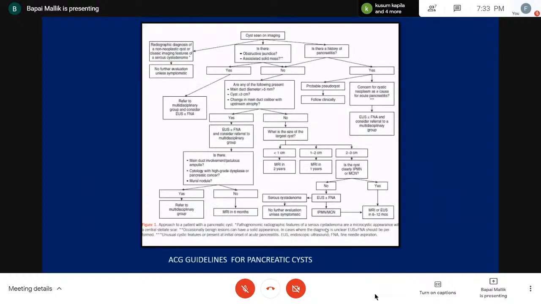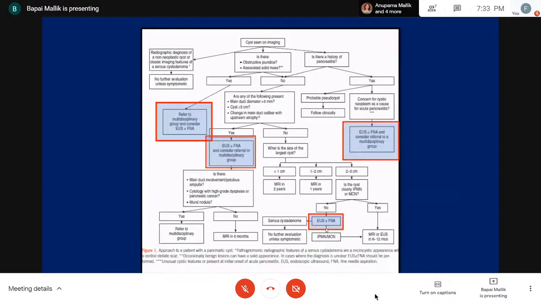So just to give you an example, I know the graphics are pretty small, but still, this is the American College of Gastroenterology guideline for pancreatic cyst. And as you can see over here, it is a kind of a multimodal approach in order to come to a particular decision. And FNA plays a very significant role, and this is the same diagram with the role of FNA being highlighted.